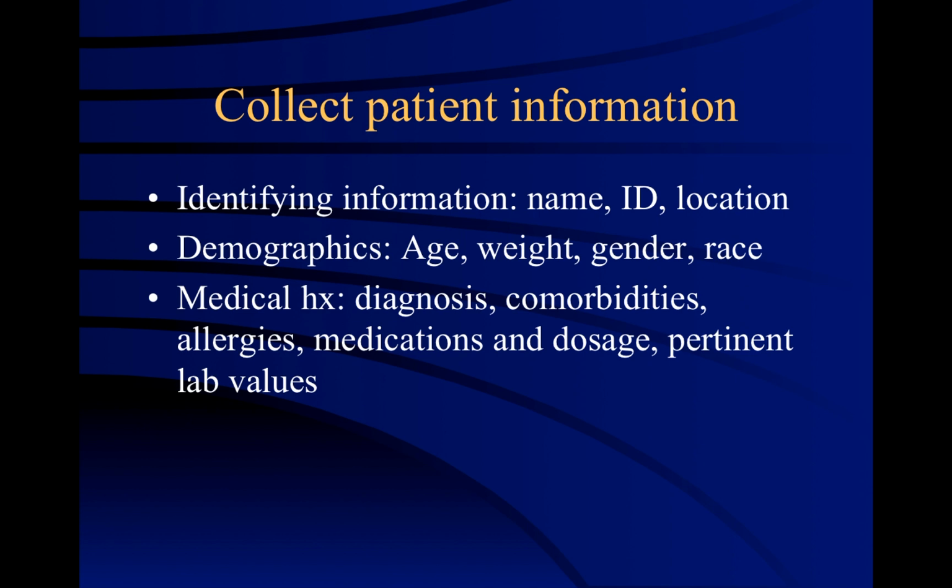So some of the information you will need is identifying information for the patient, such as name, identification number, and location, demographics, age, weight, gender, race, medical history, such as diagnosis, comorbidities, allergies, medications and dosage, and pertinent lab values. And these will differ according to what information you need to answer that question.